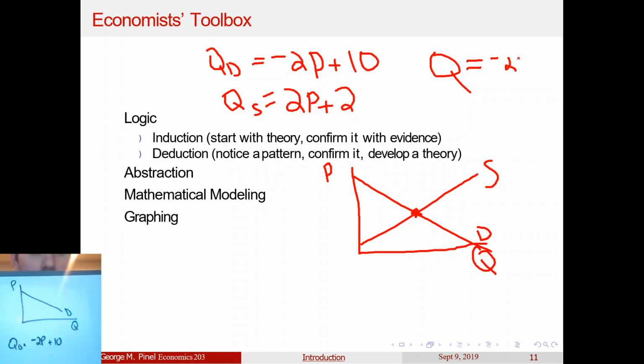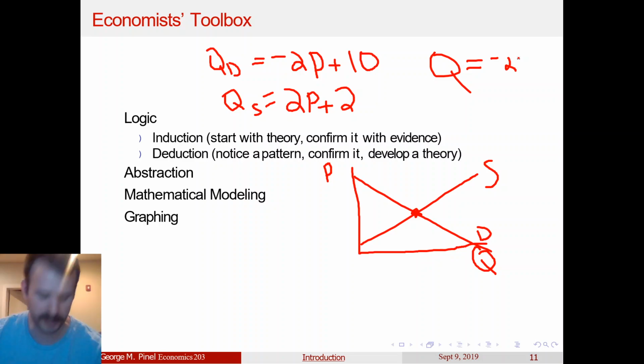QD equals negative 2P plus 10. It's negative because as the price goes higher, where P is price, you want less of the good because it's more expensive. QS is equal to 2P plus 2. And it's positive sloping because as the price gets higher, more businesses want to sell the good.